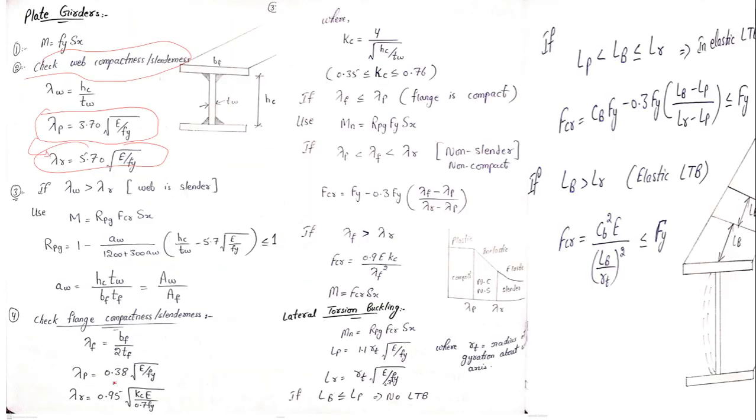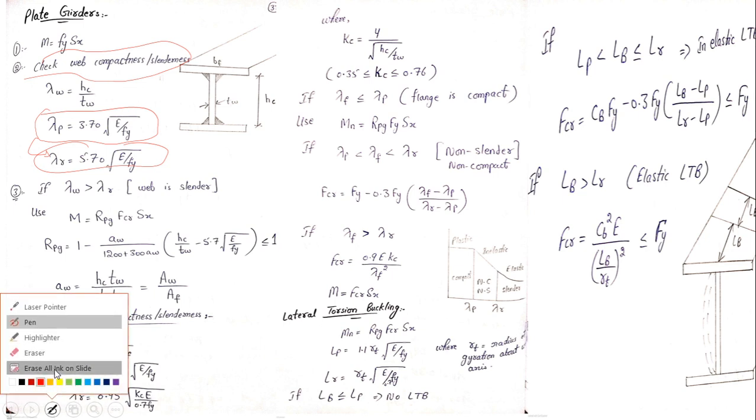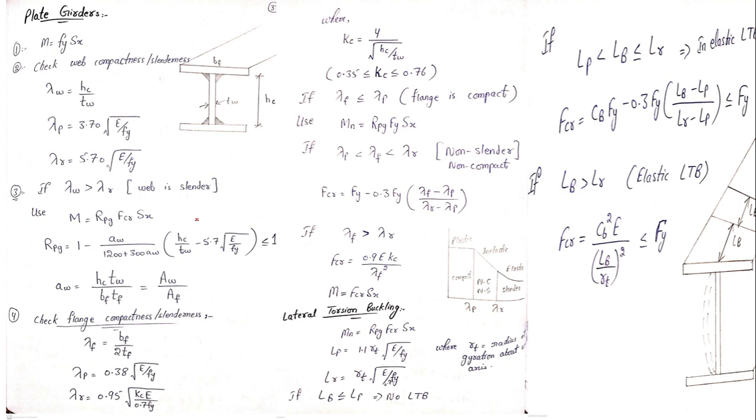This is actually the summary of the design of plate girders. We have dealt with the flexure capacity, and we have been able to find the flexure capacity of the plate girder. In the upcoming lectures, we'll be dealing with the shear design of plate girders. So this is the summary.